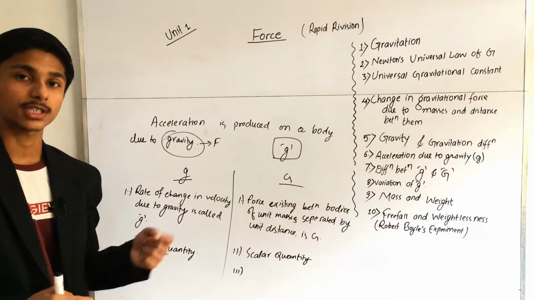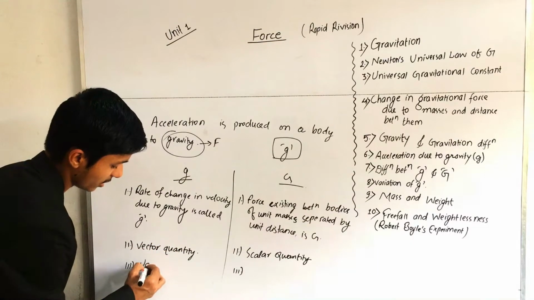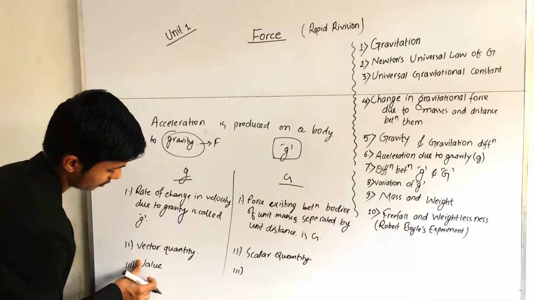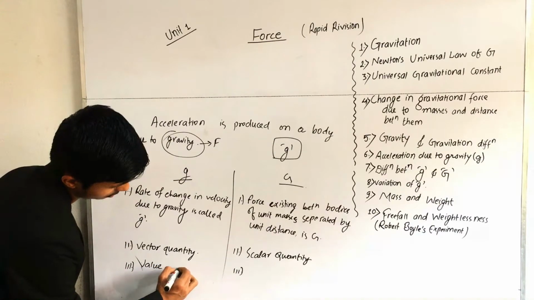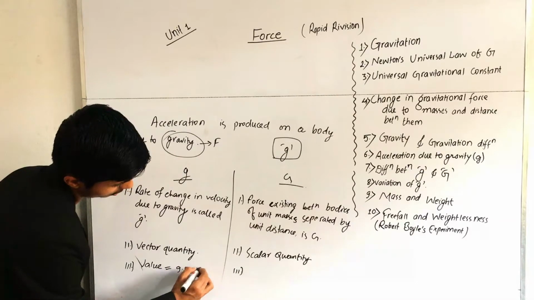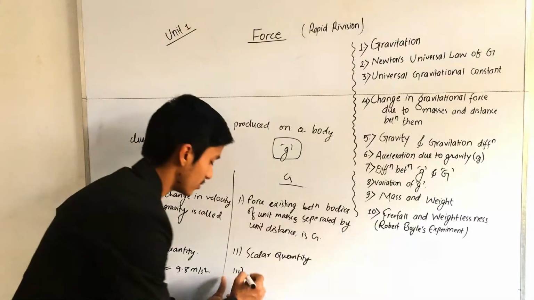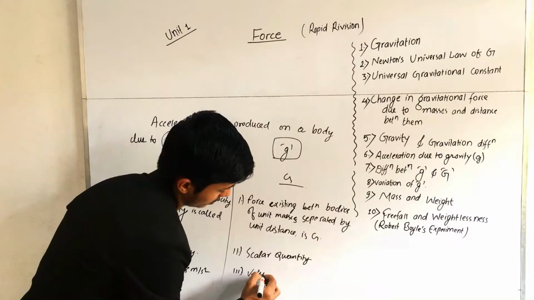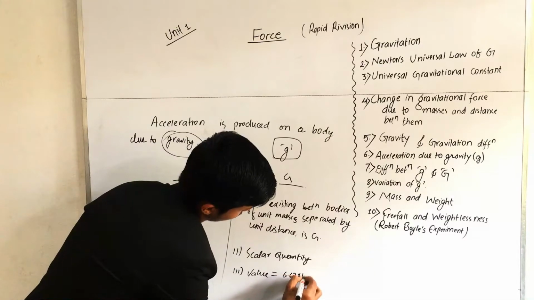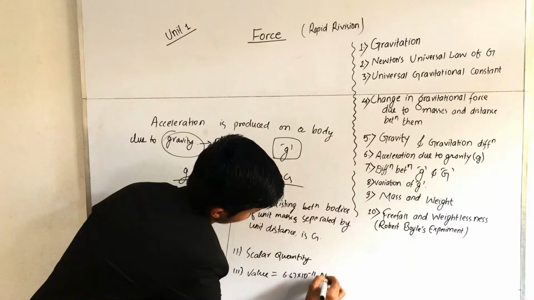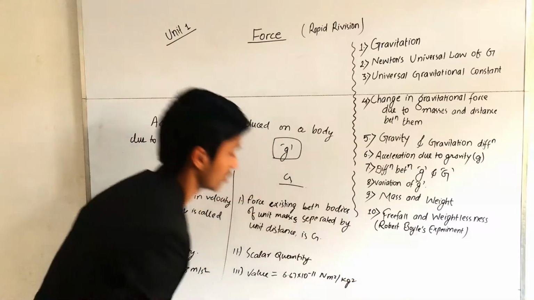9.8 meter per second square. So we write here value is equal to 9.8 meter per second square, and the value of capital G is 6.67 into 10 to the power minus 11 Newton meter square per kg square.